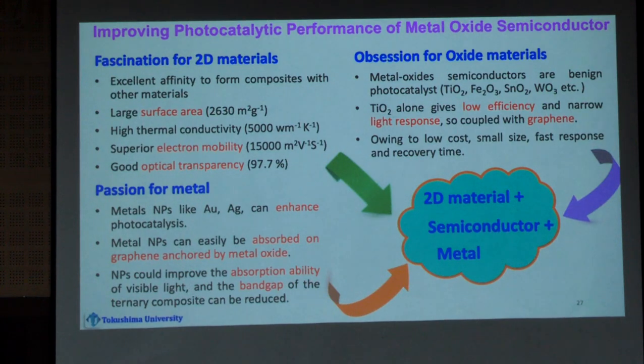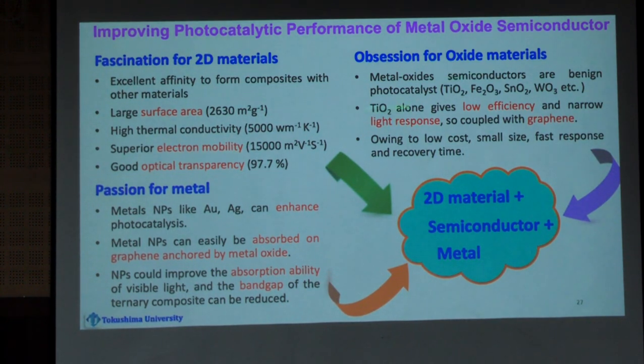If you remember, two-dimensional material is a sheet-like material. Those materials have large surface area, higher electron mobility, and optical transparency. These are the parameters we consider important when we take them for photocatalysis.